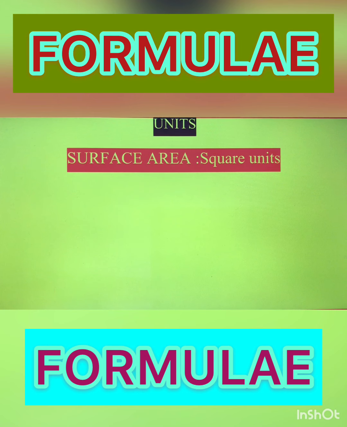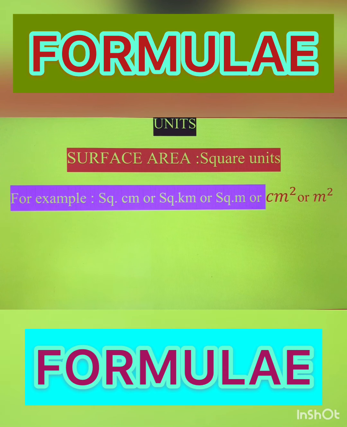So always in the case of surface area you write square units, and in the place of units you can write meter, centimeter, kilometer, hectometer, decameter, decimeter, etc. So in the case of area you can write square centimeter, square kilometer, square meter, or in the second form you can also write centimeter square, meter square, kilometer square, decimeter square, etc.